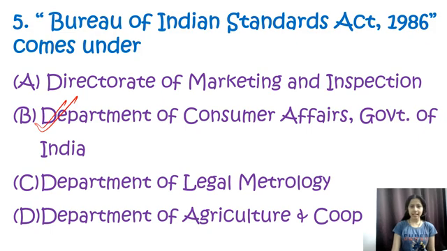Whereas the Agricultural Produce Market Committee Act falls under the Directorate of Marketing and Inspection, the Legal Metrology Act comes under the Department of Legal Metrology, and the Agricultural Produce Grading and Marketing Act, that is 1937, comes under the Department of Agriculture and Cooperation. But over here my correct option will be the Department of Consumer Affairs, Government of India.